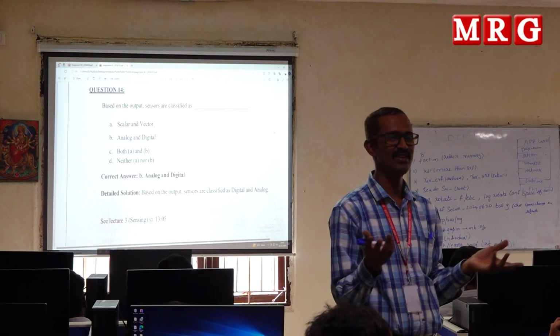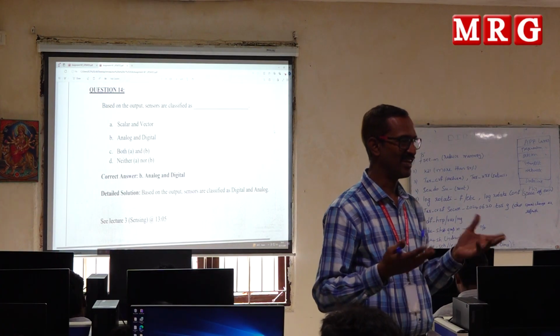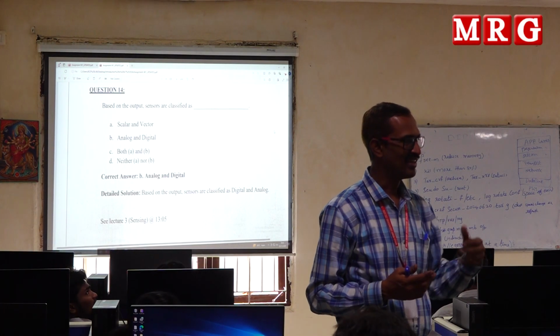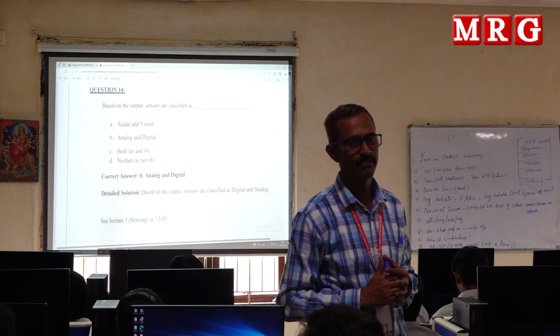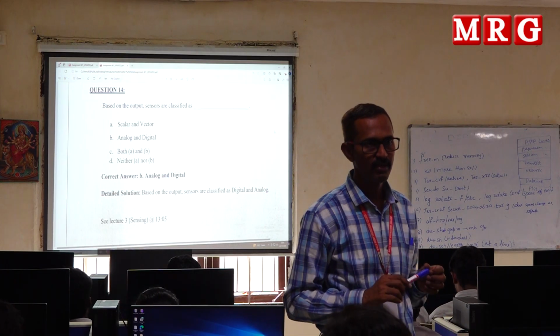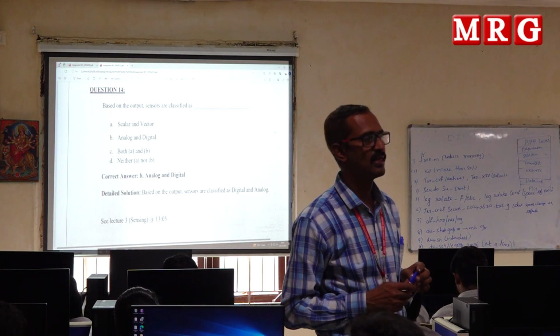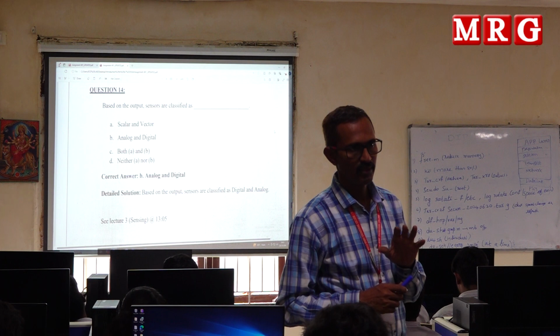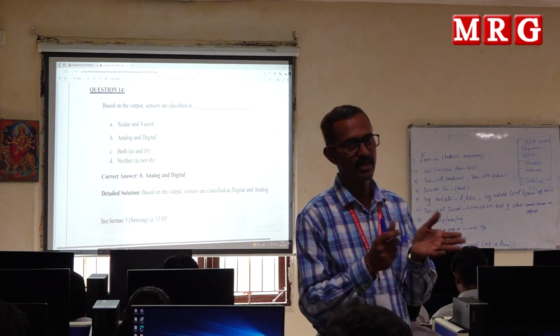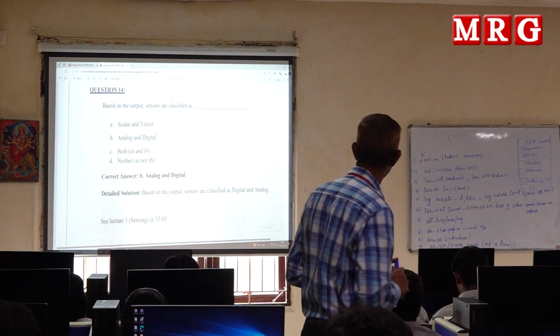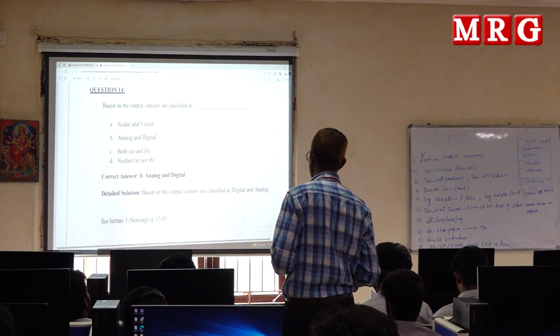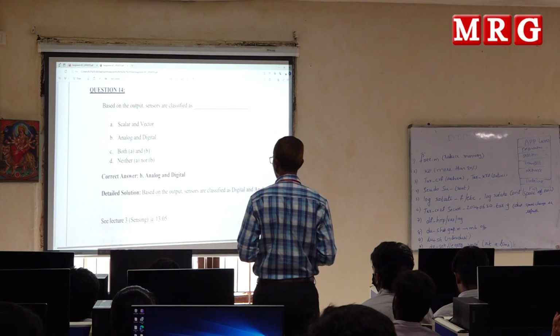A sinusoidal signal the microcontroller doesn't understand and can't process; it will simply discard it. So digital data is required for processing. That's why nowadays sensors are available in digital mode. Originally it senses analog, but analog-to-digital conversion is done and then it is available as a digital sensor. So the answer is that analog and digital both are available.